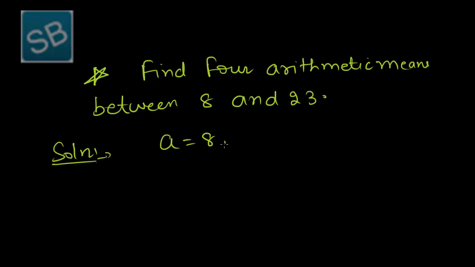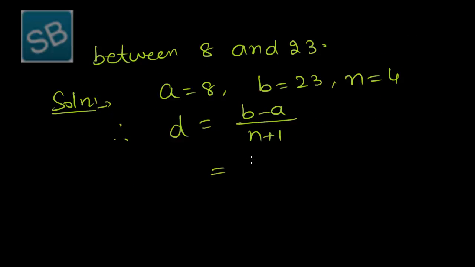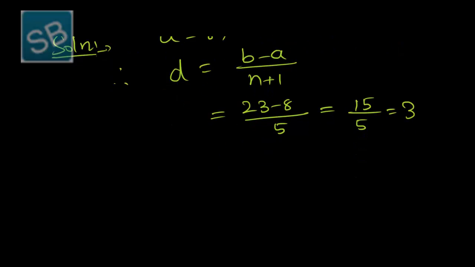Here a is 8, b is 23 and n is 4. We have to find 4 arithmetic means. Therefore d is equal to b minus a over n plus 1. That gives 23 minus 8 over 5, that is 15 over 5, that is 3.